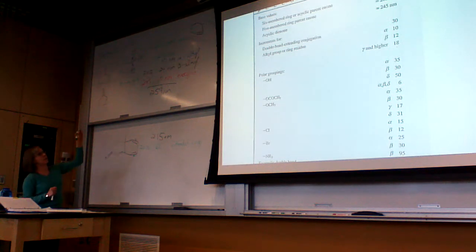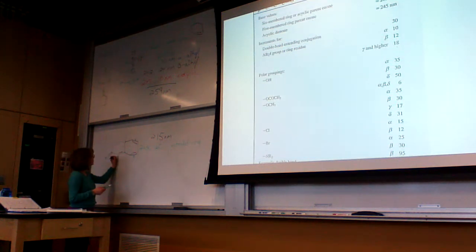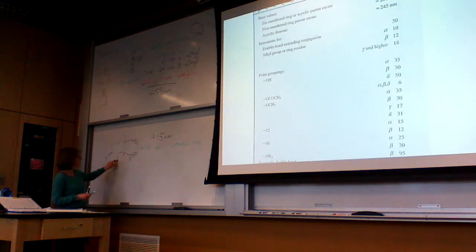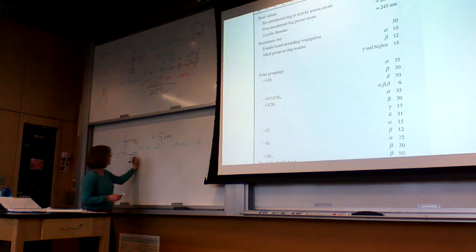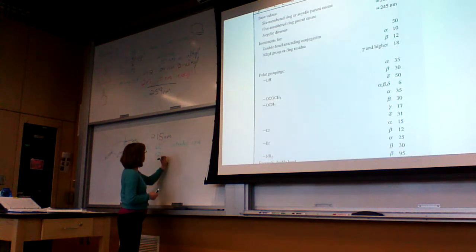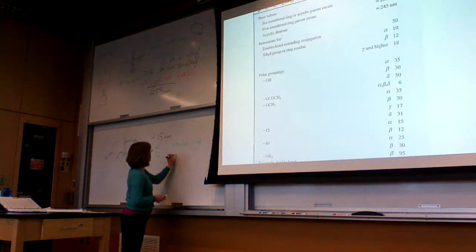Then, going down, we have the alkyl ring residues, alpha, beta, delta, no, sorry, gamma first. And that's as high as we need to count, because anything past gamma is the same. And so for our alpha, we have nothing. Beta, we have one substituent there, so we have to add 12 for our beta alkyl group.